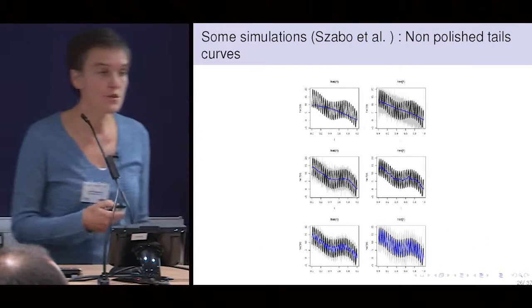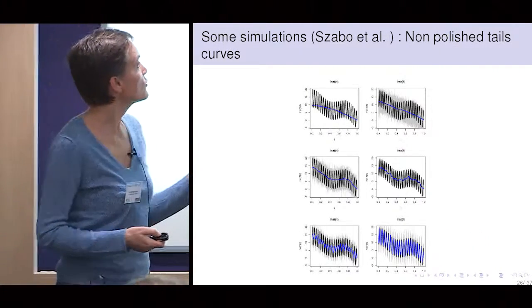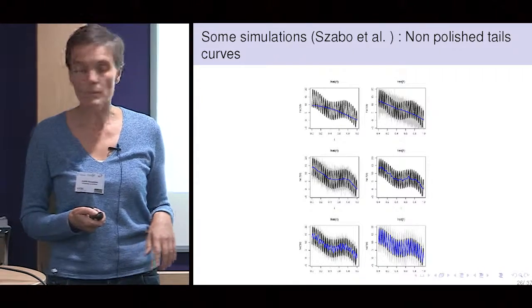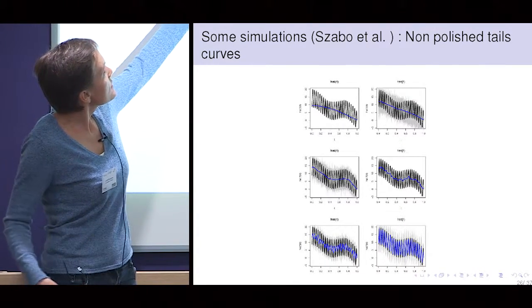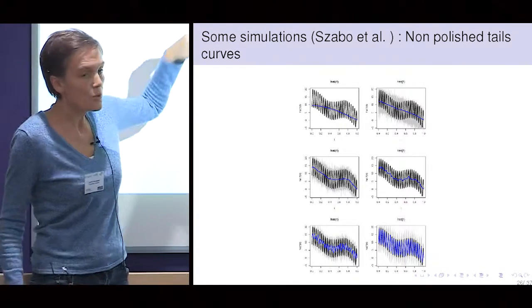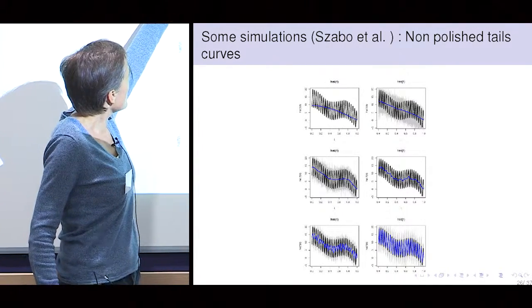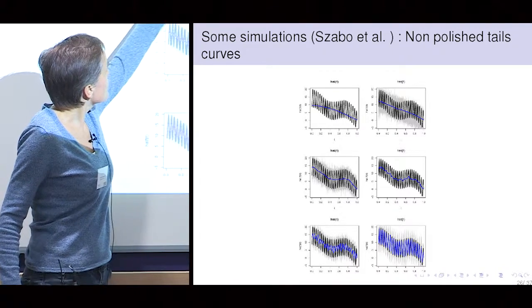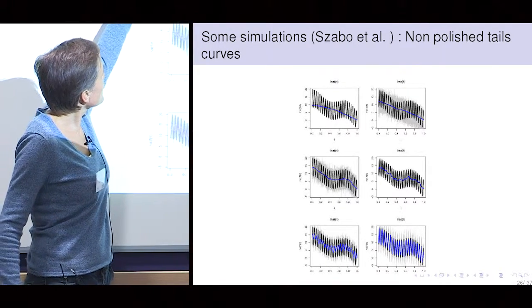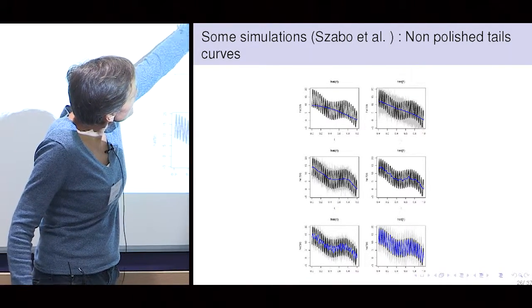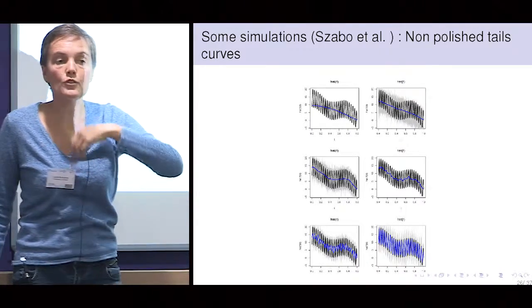Just an illustration to show, so these plots come from their paper, to show that it's really important because you don't see it at all otherwise in the Bayesian world. So here, the black is the truth, the blue is the posterior mean, and you don't see it, but there is a shaded gray that corresponds to draws from the posterior.